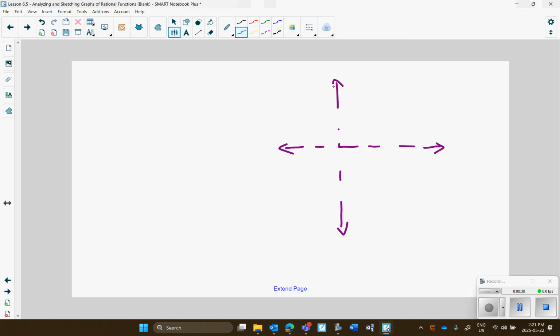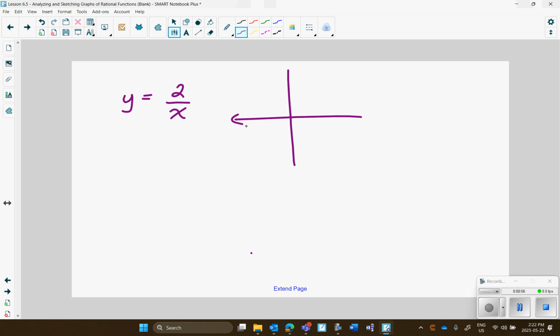Okay. So we talked about a few different types of graphs last time. If I do this, remember what the graph looks like. It's got two curves, right?